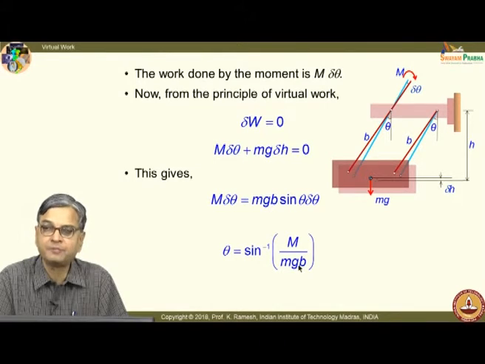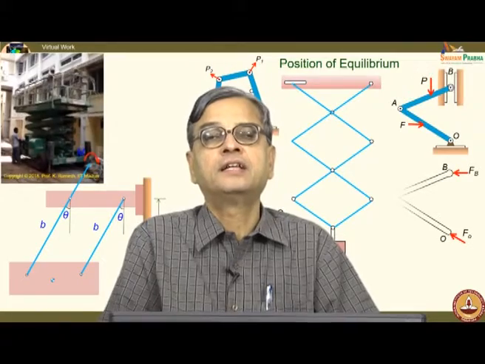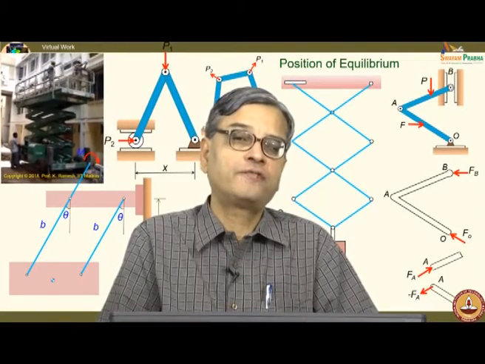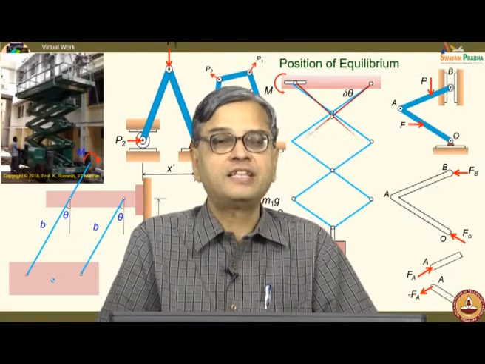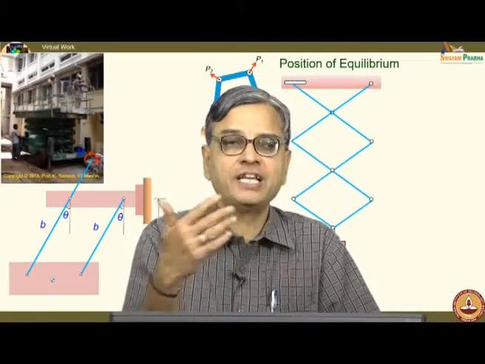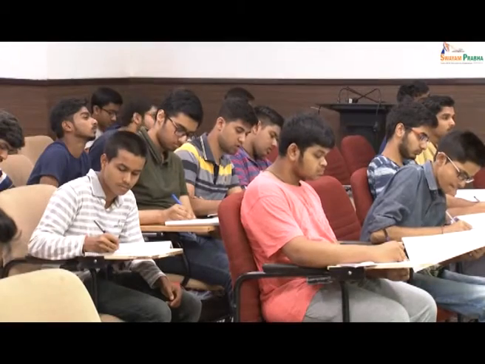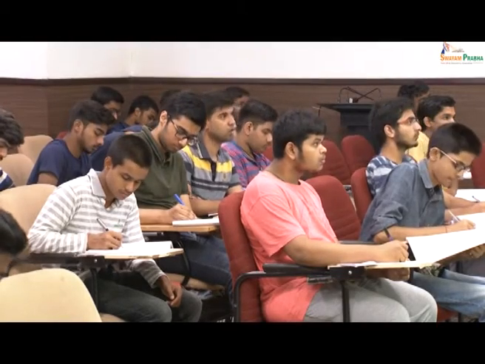small m g b. So, I am in a position to relate the configuration represented by the independent variable theta to the applied moment. So, when the applied moment changes, the configuration will also change, meaning that theta will change. Theta is a function of m.